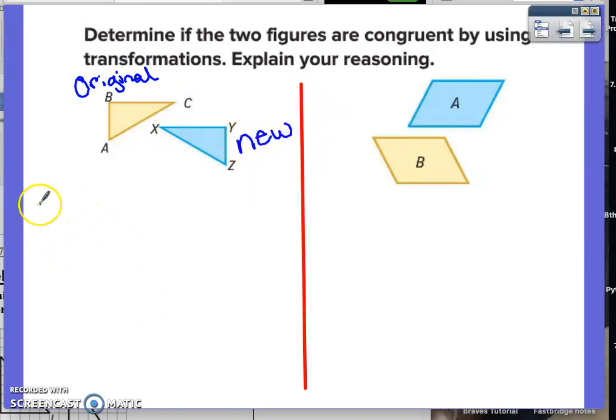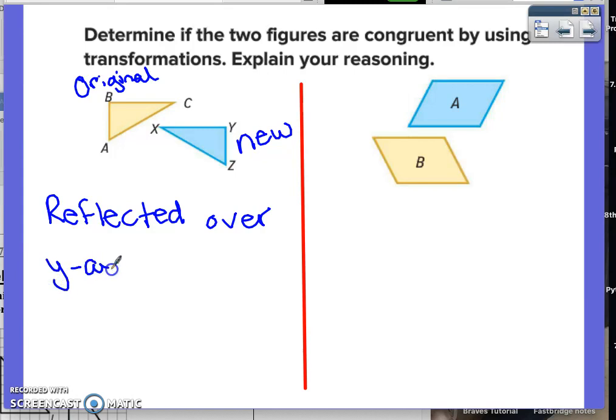Well, if I reflected over an imaginary vertical line, that would be reflected over your y axis, and then it would be about here, right?